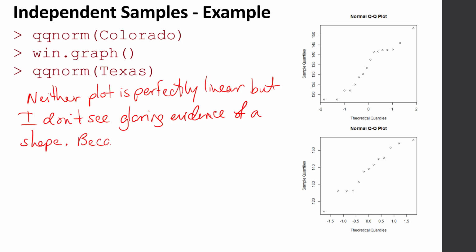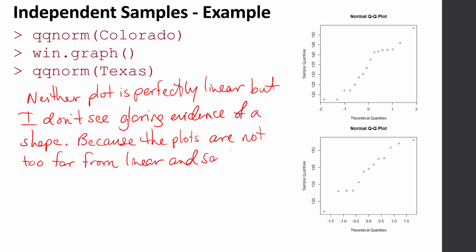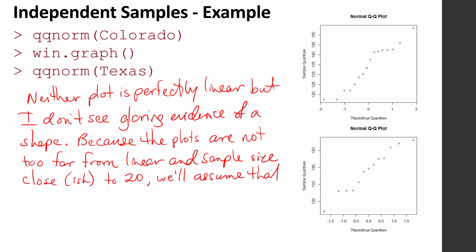Because the plots are not too far from linear, and sample sizes are close-ish to 20, we'll assume for this example's sake that the CLT will get us that the sample means have a normal distribution.